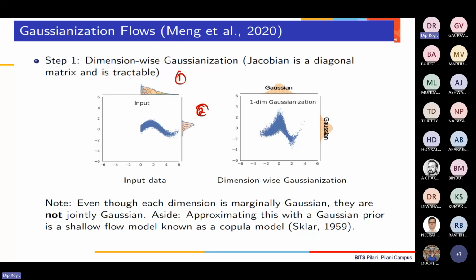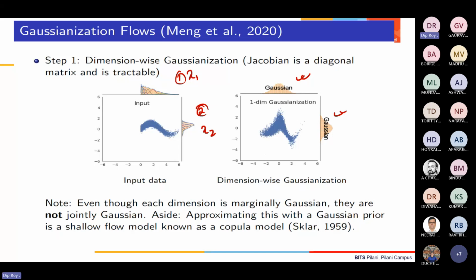We know the CDF, and if we apply the inverse of the Gaussian on the CDF, it turns into a Gaussian distribution. So every variable, x1 and x2, now turns into a Gaussian. But the actual multivariate distribution is still not Gaussian. It has not achieved the Gaussianization.